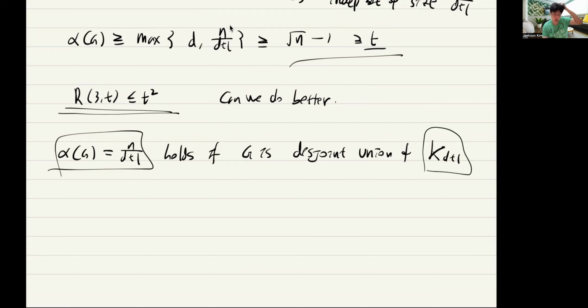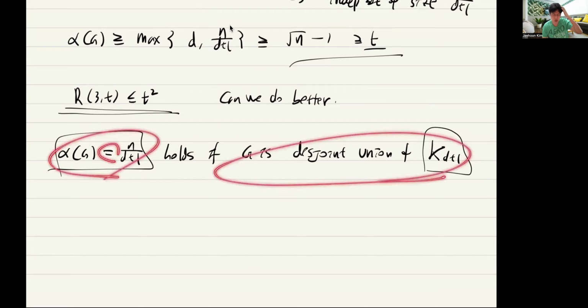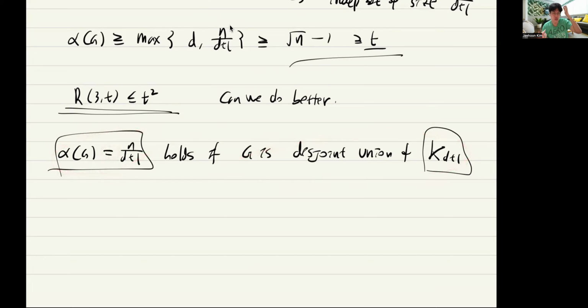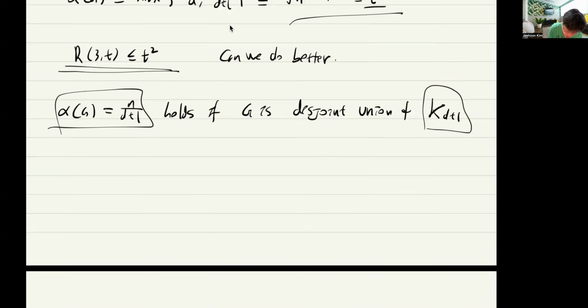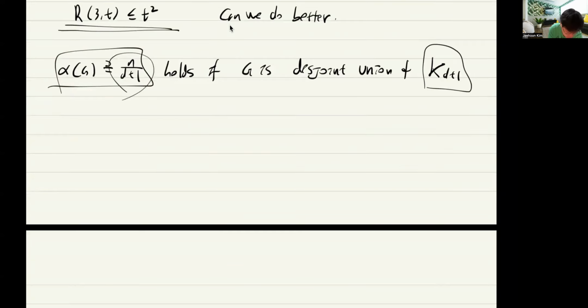And if you try to come up with another example which is close to equality, then you will also see lots of triangles. So maybe one can expect to improve this bound to a bigger number if this is far from this example, meaning that if this is triangle free.